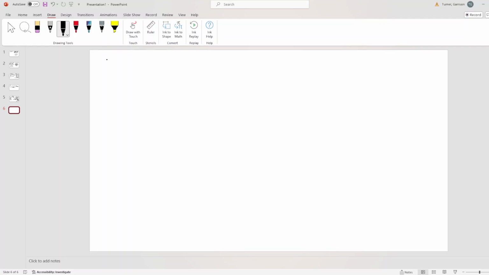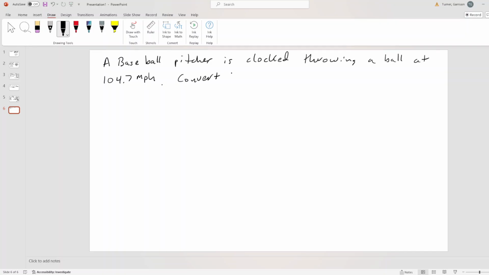So suppose we have a baseball pitcher and they're throwing a pitch at miles per hour, and we want to convert this into meters per second.